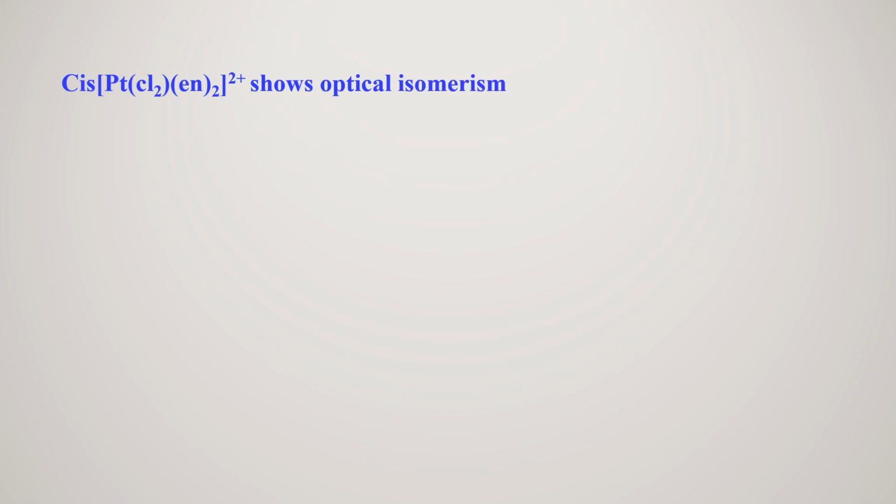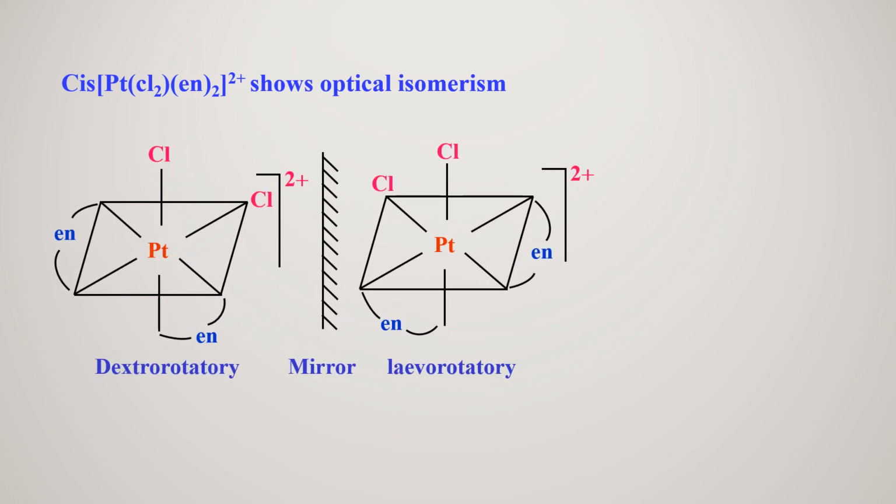You can see one more example. Here the complex is dichloridobis(ethylenediamine)platinum(IV). This also shows optical isomers because of non-superimposable mirror images.